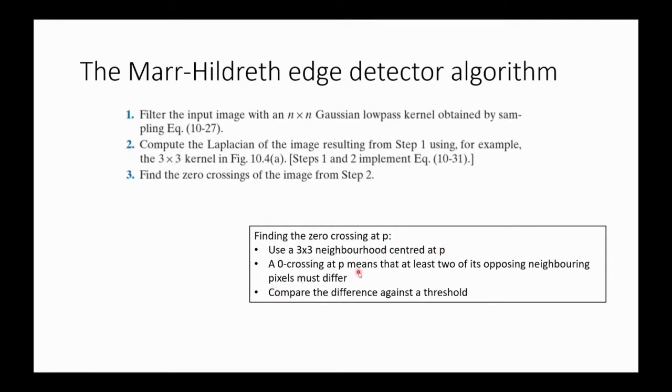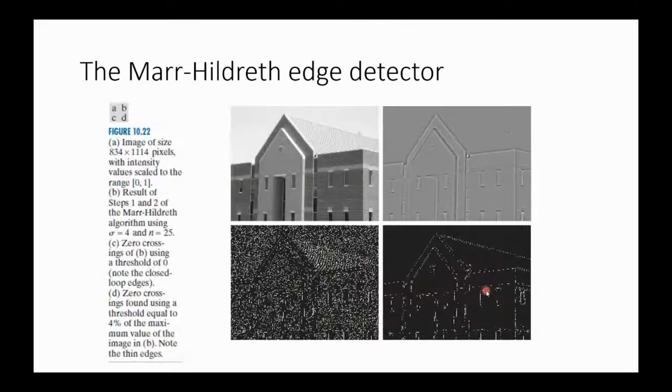A zero crossing at P means that at least two of its opposing neighboring pixels must differ, one positive. Compare the difference against the threshold, and you get this.